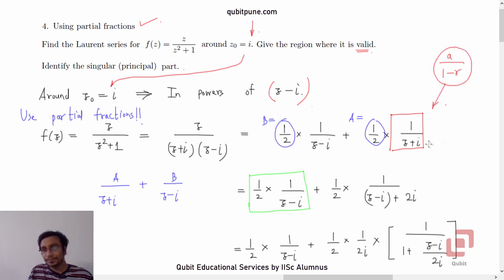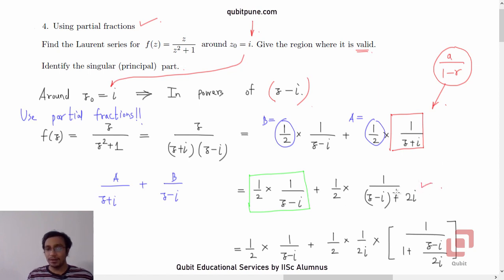Yes, and also it is not in terms of the powers of z minus i. Okay, so the obvious way would be to first write it in terms of z minus i and see what happens. Okay, so add and subtract i, or subtract and add, so it will be z minus i plus 2i.